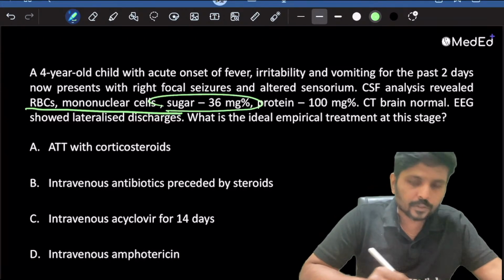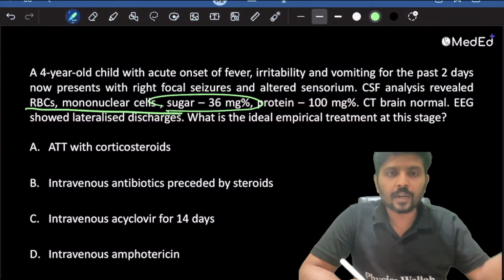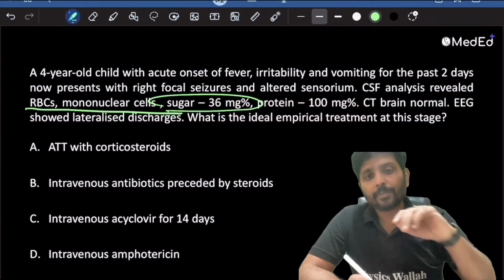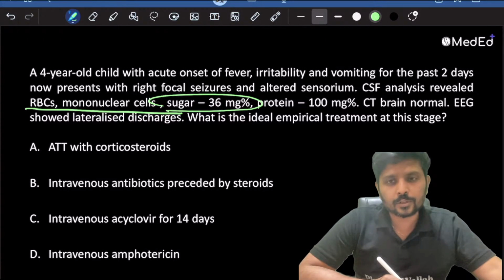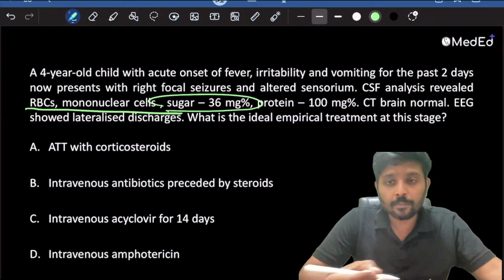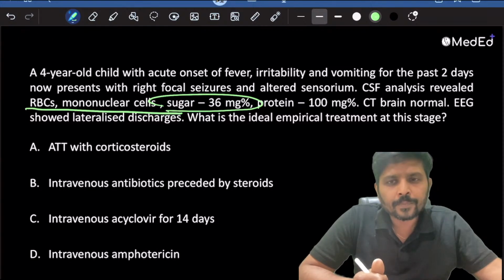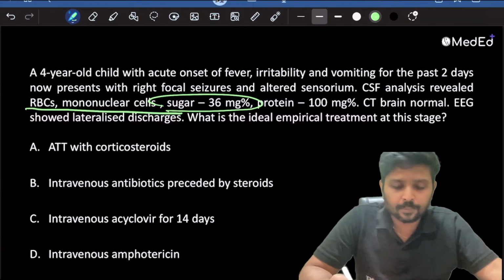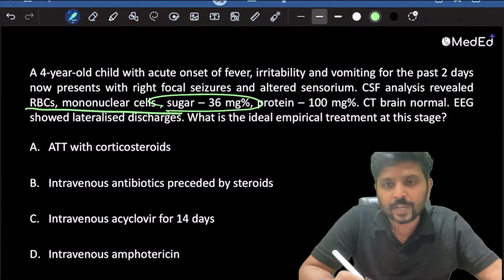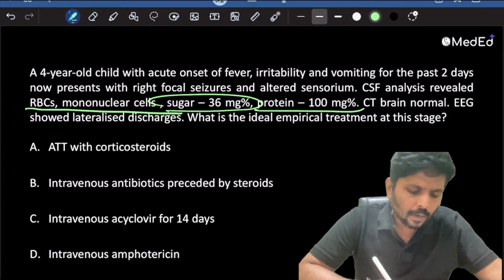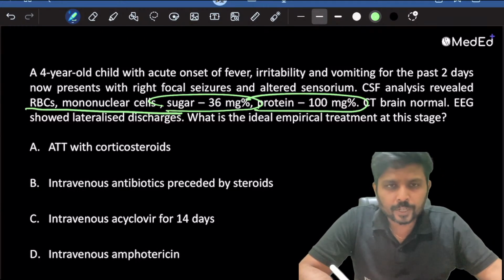Sugar is not reduced. Remember, sugar is reduced only in which condition? Sugar is reduced in bacterial. Sugar is a little bit reduced, but not that much reduced. In bacterial, it will be less than 10. Mildly reduced means it will be one of 2 viral conditions that can produce hypoglycemia. Hypoglycemia means reduced CSF sugar, and mildly elevated protein.